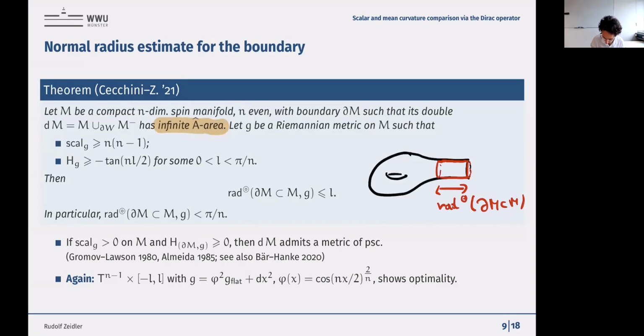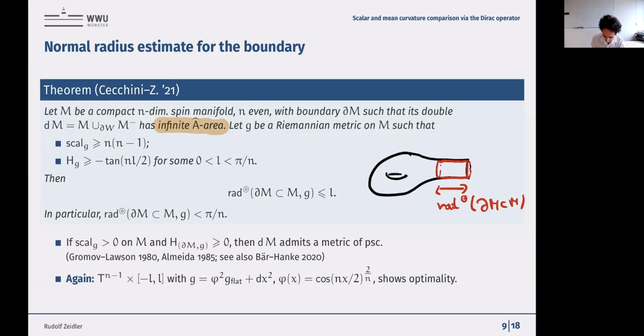This is a notion that you're probably not familiar with, and I also don't want to define it in detail. The point is that this is yet another condition that implies that the double does not admit a metric of positive scalar curvature. So this is an obstruction to positive scalar curvature.